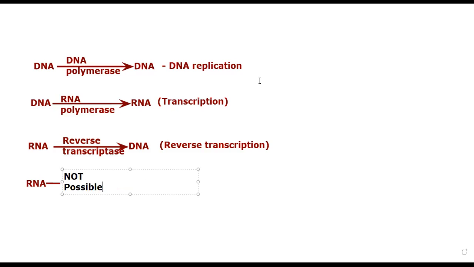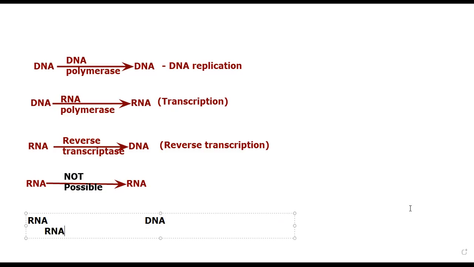If it is made, it will be made like this. If RNA is there and you need RNA copies, first from the RNA, DNA will be made. From the DNA, now RNA will be made. In that indirect way only it can be formed.